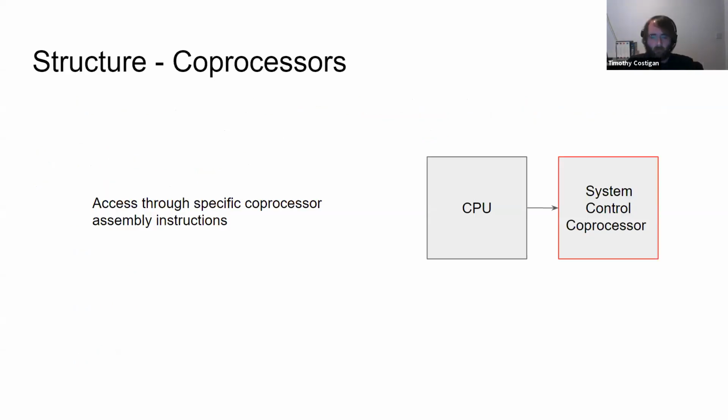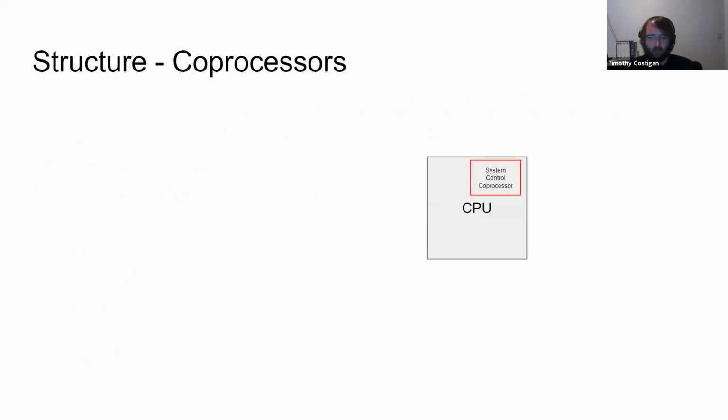So moving on, less common now, but it's certainly back in the 90s, CPUs often had coprocessors. The PS1 had the system control coprocessor, and these are accessed through specific coprocessor assembly instructions. Strictly speaking, it wasn't a coprocessor, it actually was on the chip.